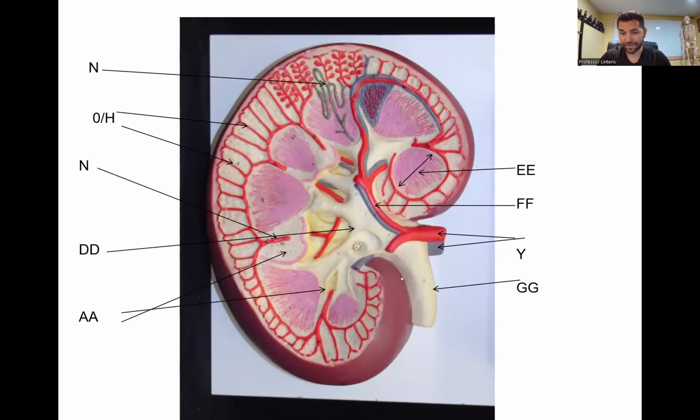This is a good picture to see those blood vessels. We can see the renal artery come in, segmental and interlobar arteries. We can see the renal pelvis, the renal pyramids, and the ureter. In addition, why I like this picture is we can see this green structure here I'm highlighting, and this is called a nephron.